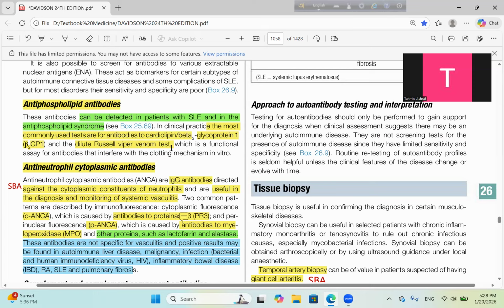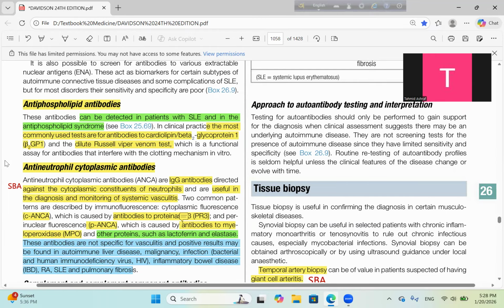So there are 3 types of antiphospholipid antibody test: anti-cardiolipin antibody test, anti-beta-2 glycoprotein 1 test, and also dilute Russell-Viper venom test.